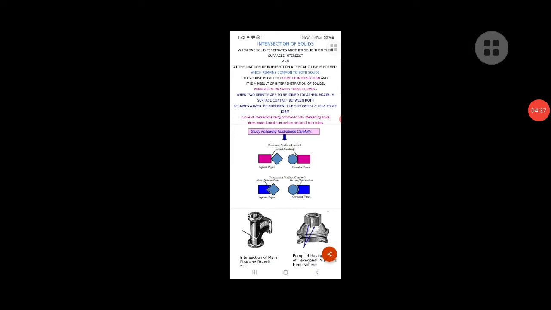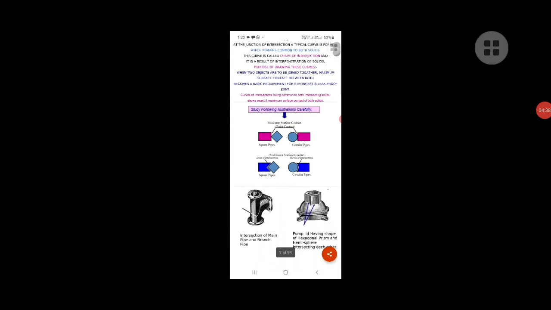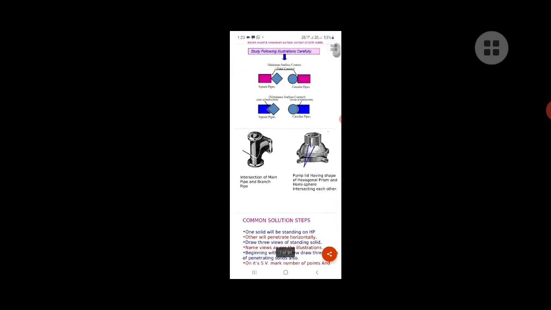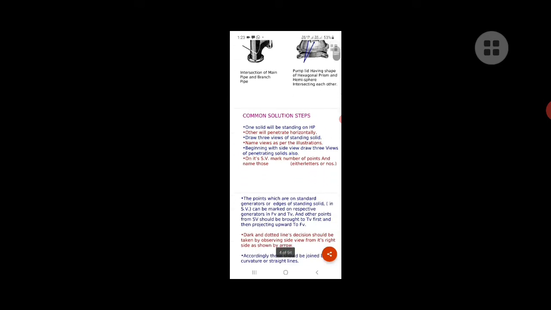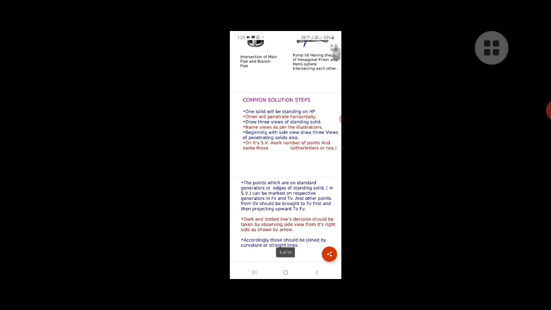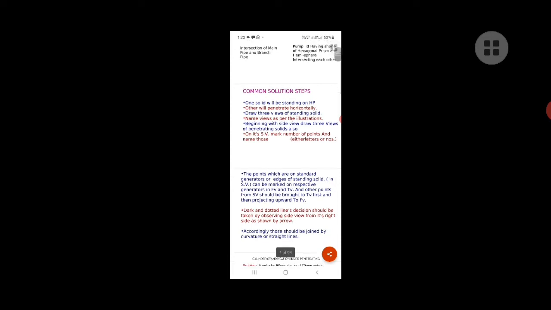Look at both sides: the intersection of a main pipe with a branch pipe. That is two cylinders. The second is a pump having a hexagonal shape. These are the steps: one solid stands on HP, and the other penetrates horizontally.